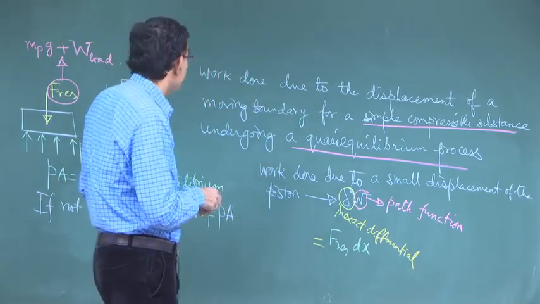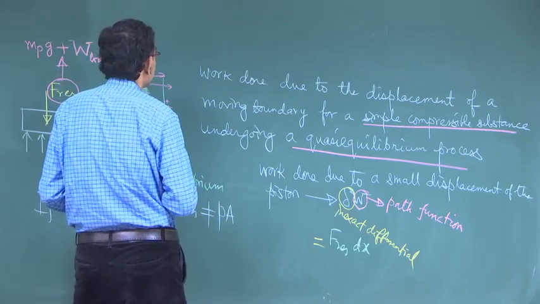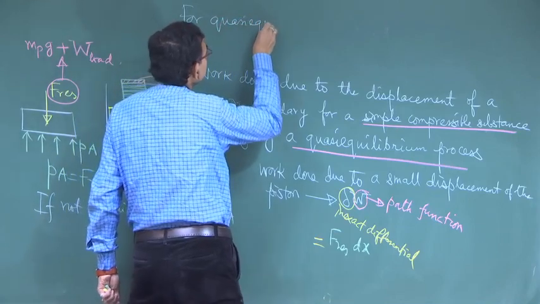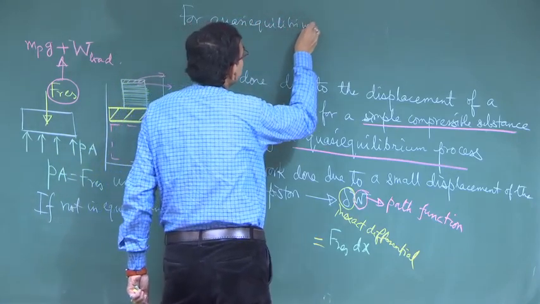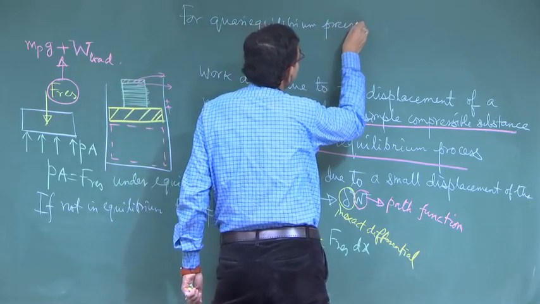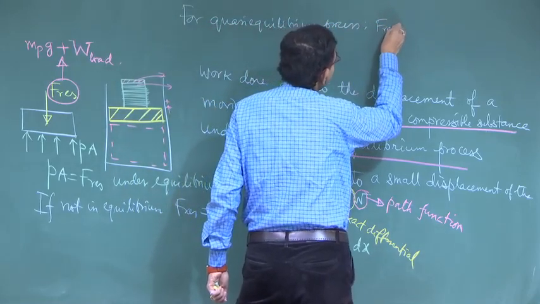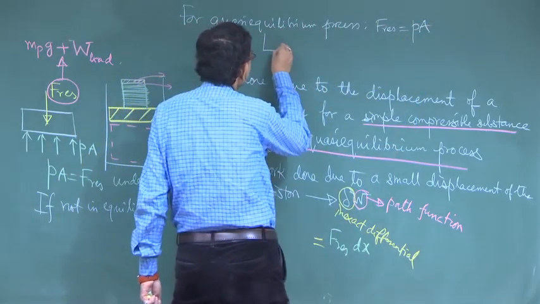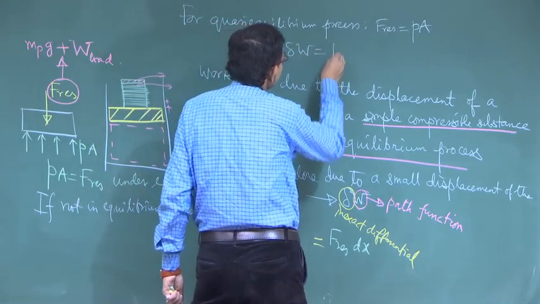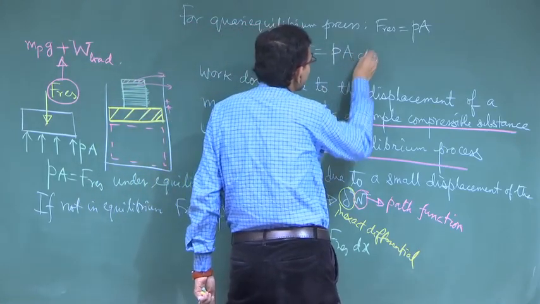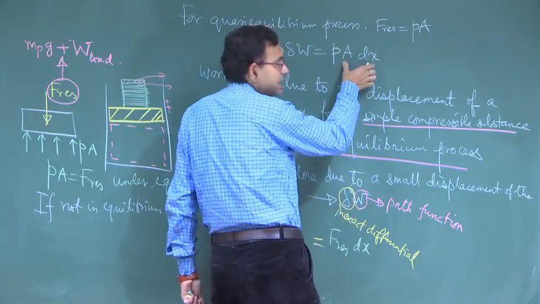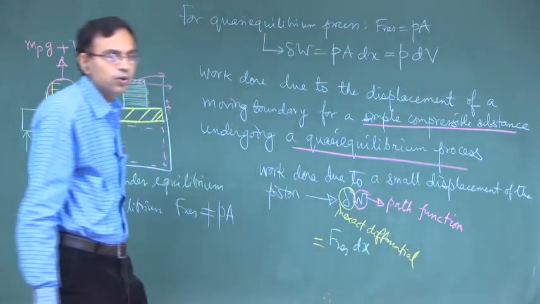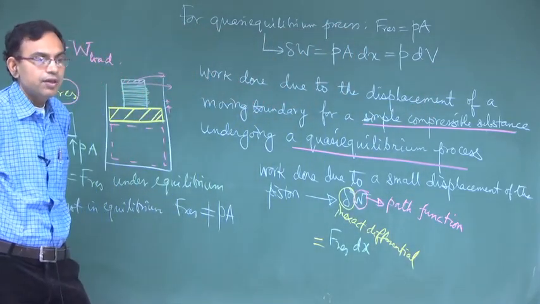For a quasi equilibrium process, F resistance is equal to P into A, right. So, in that case, A dx is dV. So, this is the famous formula for work done, which is P dV.